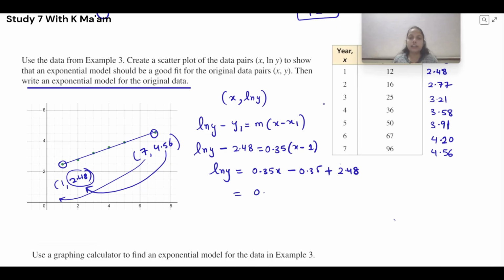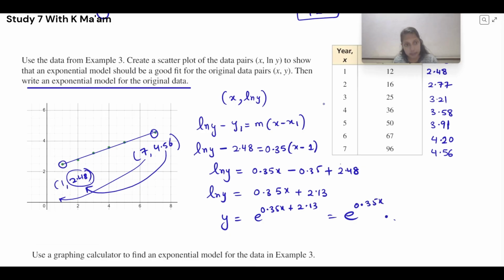Now solve it. 0.35 here, plus x, plus here 2.13, log of y. And I want y, not log y. So taking the exponential on both sides, e power 0.35x plus 2.13. I can separate this by writing e power 0.35x times e power 2.13.